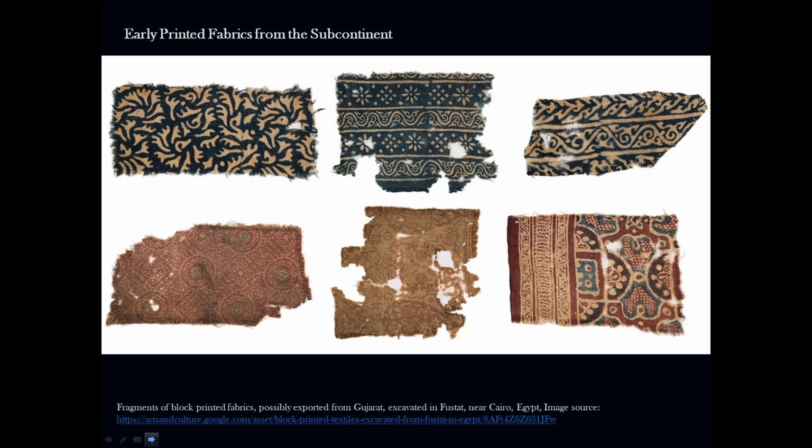Now let us look a little more into the history of early printed fabrics from the Indian subcontinent. Some of the early groups of printed fragments we find are from the site of Fustat, which is very close to the city of Cairo in Egypt.